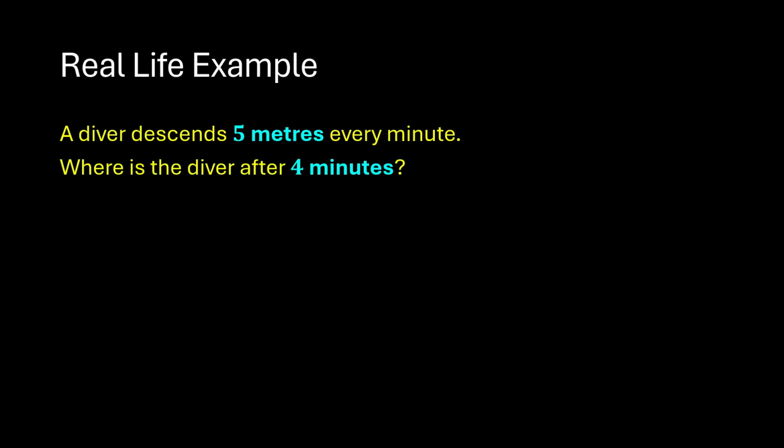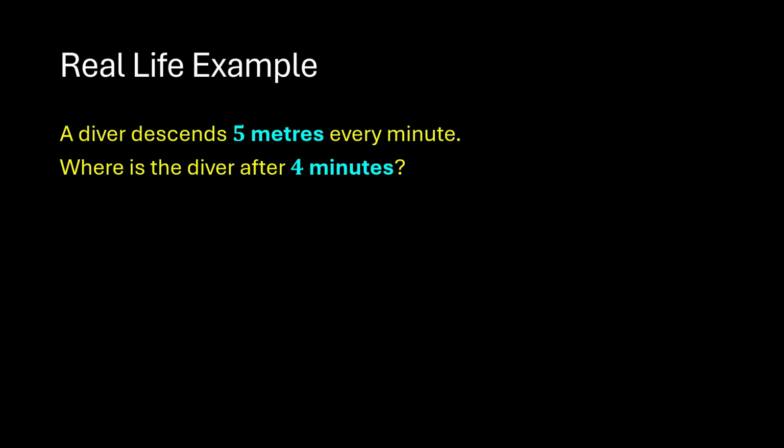Now let's take a look at a real-life example. A diver descends 5 meters every minute. Notice that the diver is going downwards, and we're going to take the downwards direction as negative, as opposed to upwards, which is positive. Where is the diver after 4 minutes?